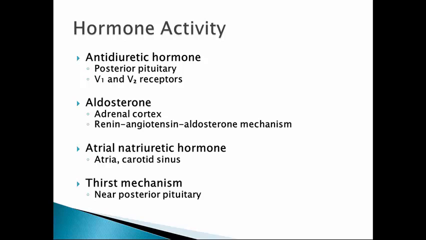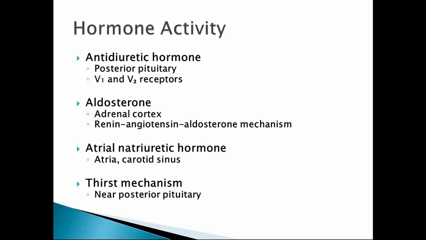Angiotensin 1 converts to angiotensin 2. Angiotensin 2 is a powerful vasoconstrictor. So in the stress response, that makes sense because you want those vessels to clamp down because you've got to circulate the priority organs. But the other thing that angiotensin 2 does is stimulates the release of aldosterone.